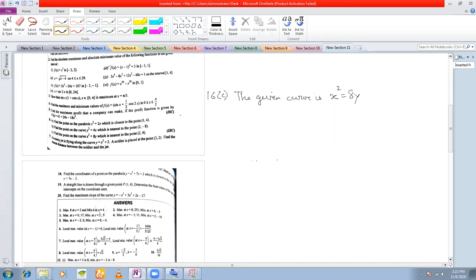Nearest point means distance has to be minimum. So if I get dy by dx here, that means second derivative, and the distance between that point and the given point. What is the distance between 2 points?